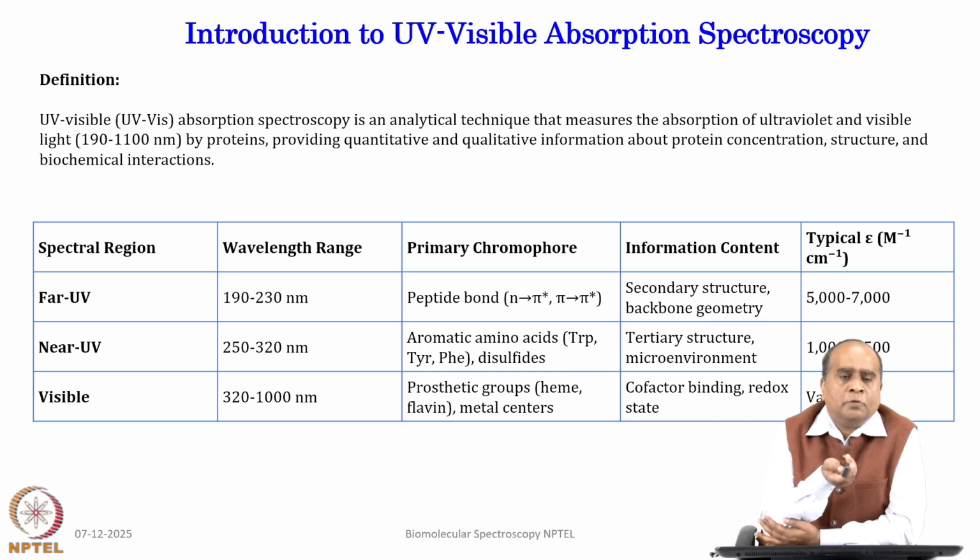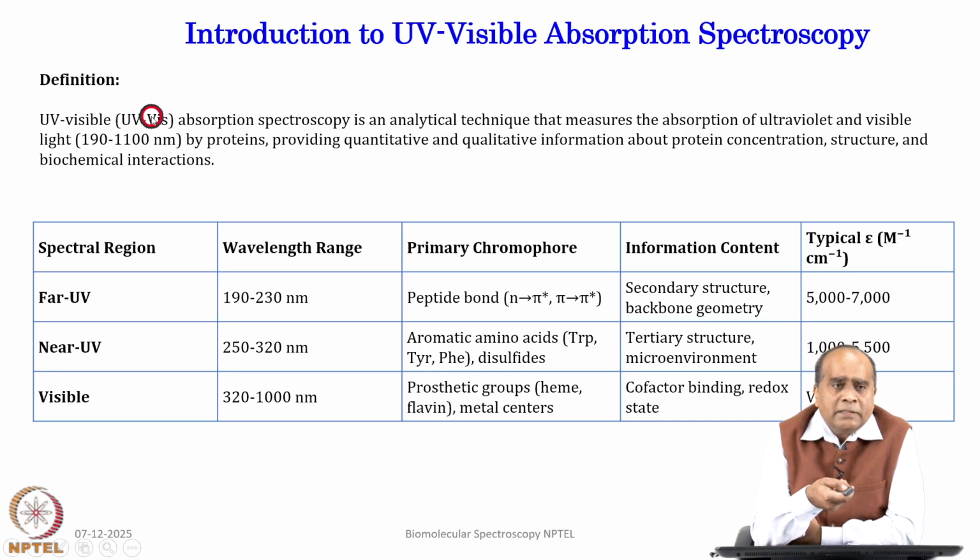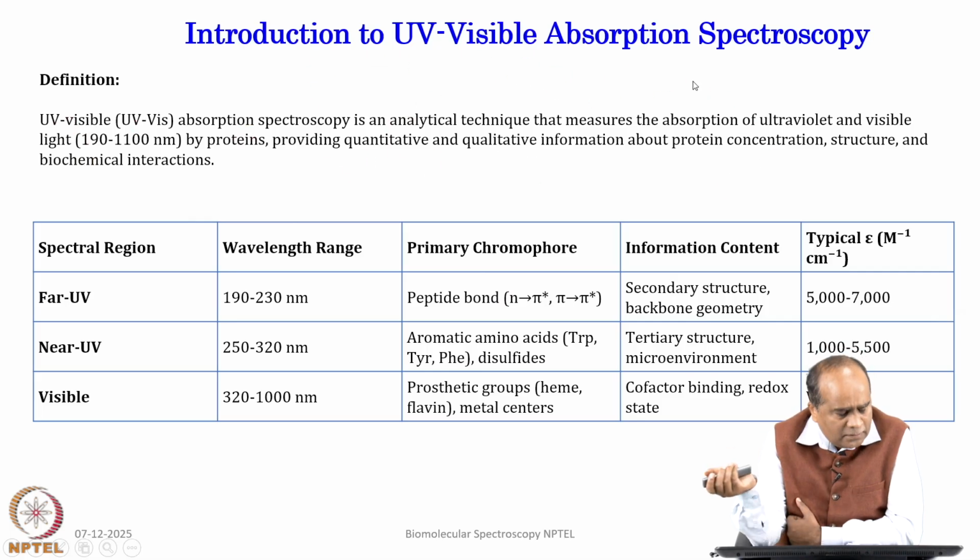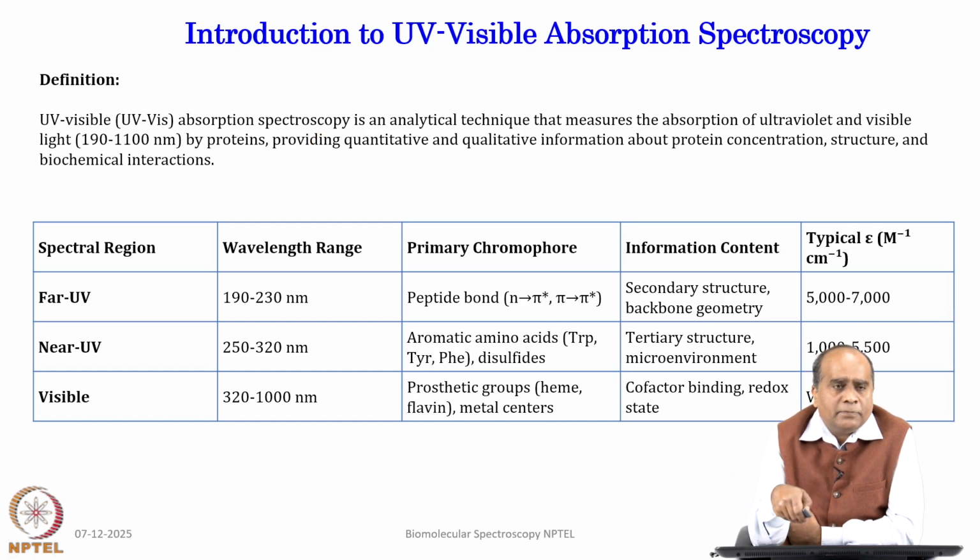Just to brush up your memory, we have seen UV visible spectroscopy is an essential analytical technique that measures the absorption in the ultraviolet region as well as the visible region, say 190 to 1100 nanometer.